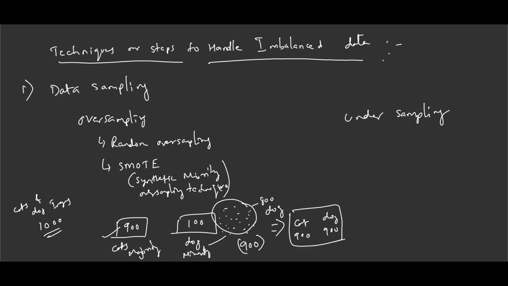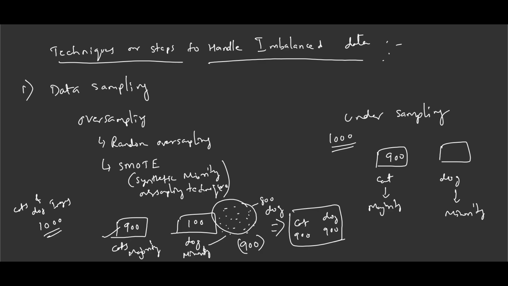Now let's understand undersampling, right? I'll take the same 1,000 data points of cat and dog images. Let's say this is cat and this is dog. Again, this is the majority, this is the minority, 900 and 100. What happens in undersampling is that it typically deals with the majority class. It will not touch the minority class.